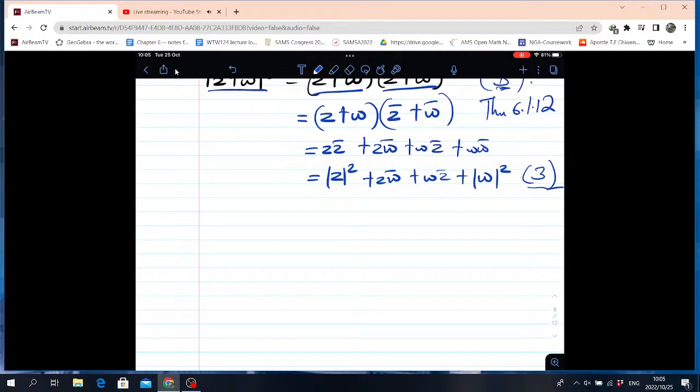And then from here, there is a property that is given as an exercise. It's exercise 6.1, number 3, which says Z plus its conjugate is equal to 2 times the real part of Z. And it's really not that difficult to prove.